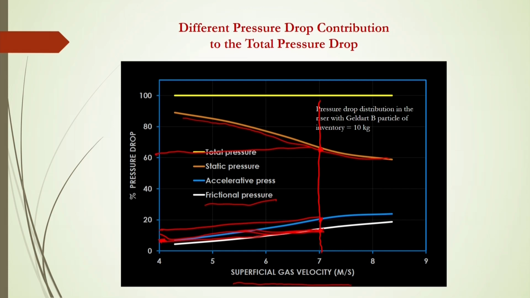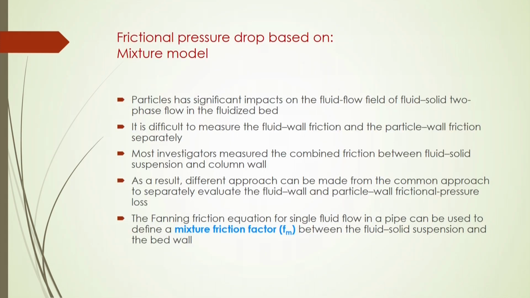In this way you can calculate the percentage contribution. If it is 20% here, then at this other point it will be less than 20%, whereas the head pressure will be higher relative to the previous one. In this way you can calculate the pressure distribution for the different parts from this diagram.